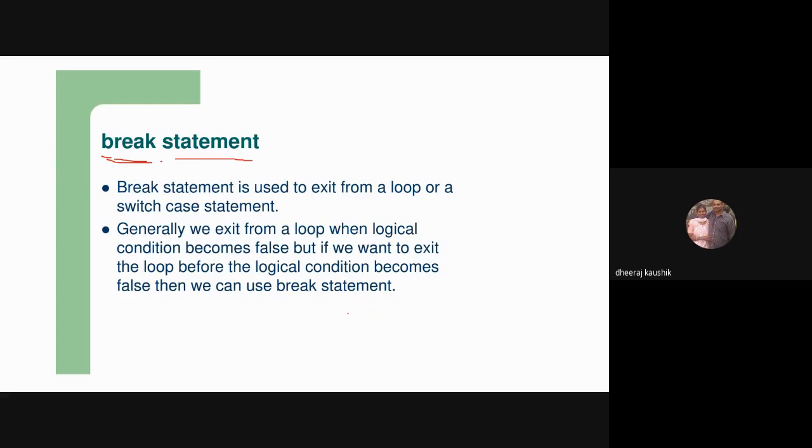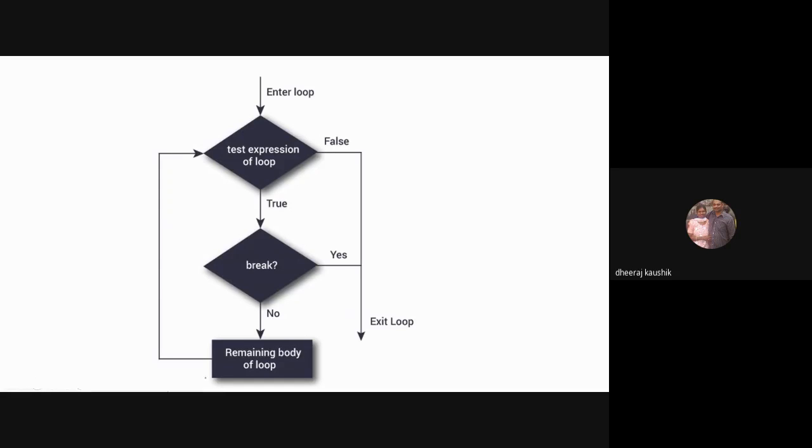So what's the meaning of this? Let's see this flowchart and get some clarity. You enter the loop here and then you test the expression of the loop. Then if the expression is true, you go down and the compiler checks for the break statement. If the break statement is given, even though the condition in this condition block is true, it still doesn't execute the remaining body of the loop and it exits the loop.